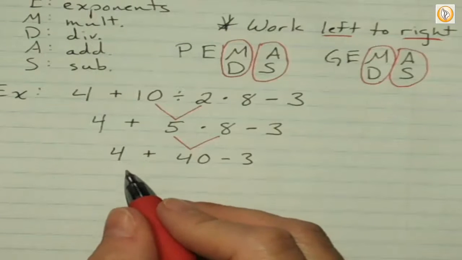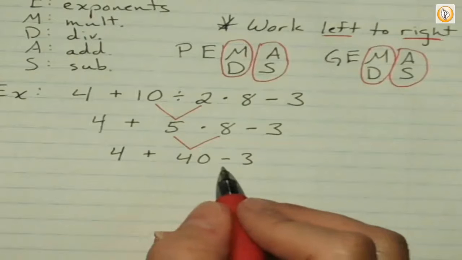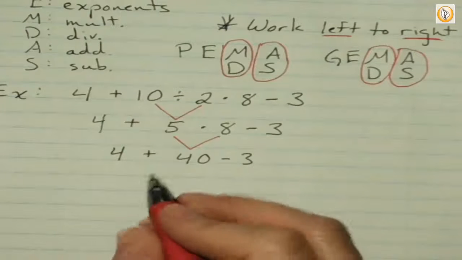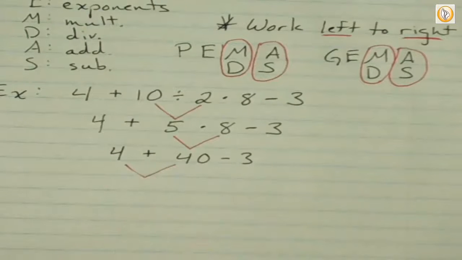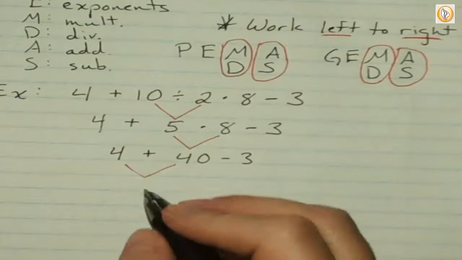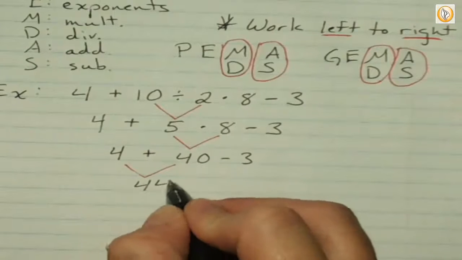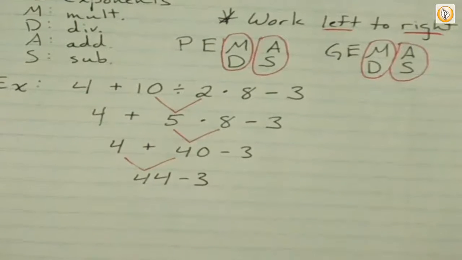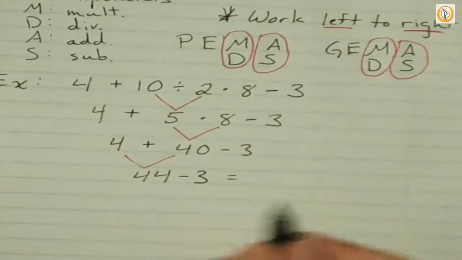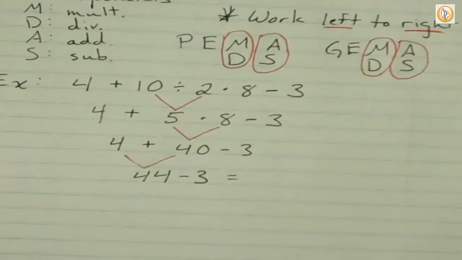That happens. So what do I do now? Plus or minus? Plus. Yeah, you're correct. We're working left to right. 40 plus 4 is what? 44. Good job, Maddie. And, of course, 44 minus 3 is what, Joseph? 41.